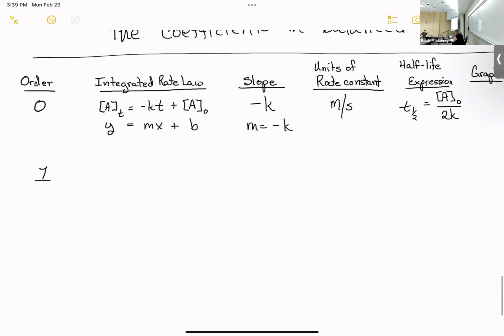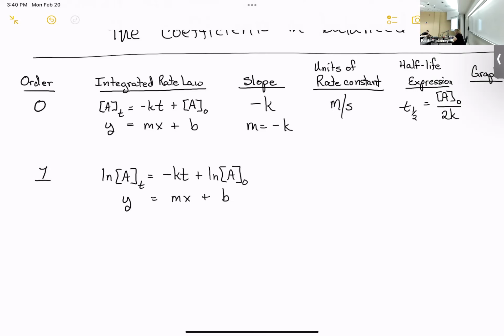Now, the second one is the first order, which is what you actually determined your dye to be last week, because the natural log of the concentration at a given time was equal to negative kt plus the natural log of the original concentration. This still fits the equation y equals mx plus b, where y is your natural log of concentration at a given time, x is the time.